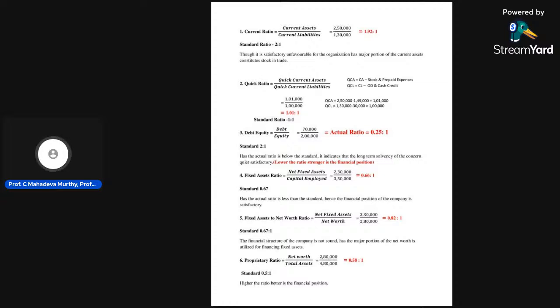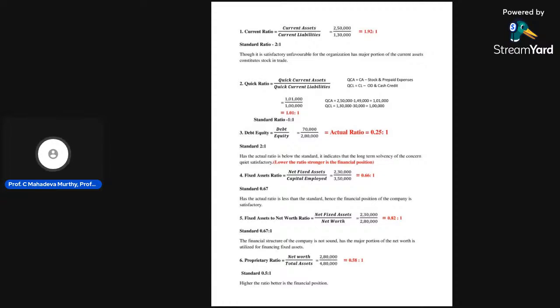These standards are fixed by the ICWA and Chartered Accountants Board. Here 82% of net worth, equity, is invested in fixed assets. That is not advisable. It should always be 0.67, 67%, and should be less than that.